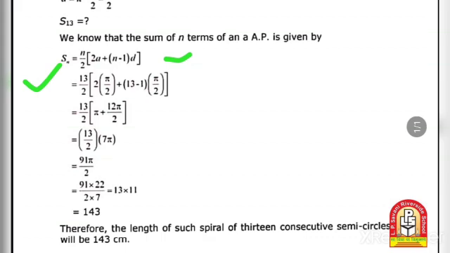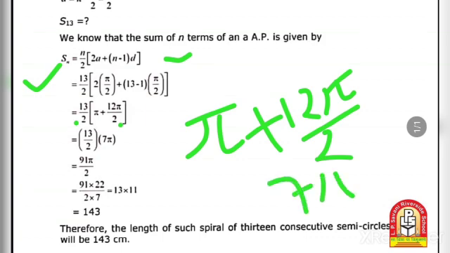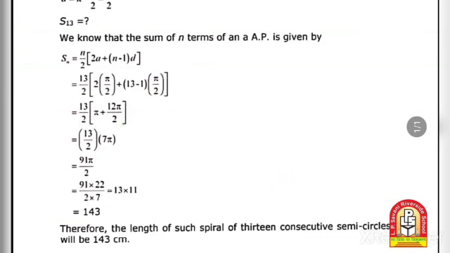So n by 2, that is 13 by 2, and 2 into a, that is pi, plus n minus 1, that is 13 minus 1, that is 12, into pi by 2. So 13 by 2 multiplied with pi plus 12 pi by 2, that is 7 pi.